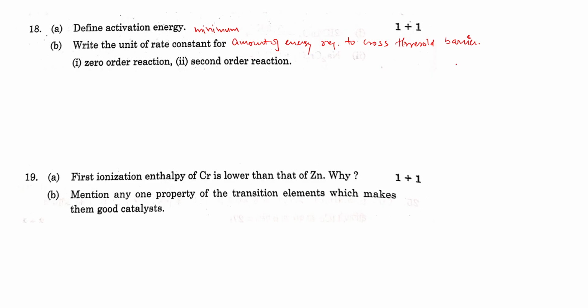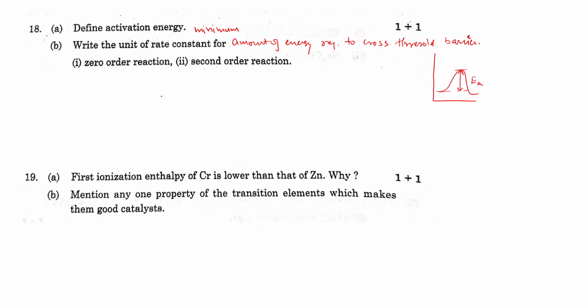That's it. That means we get a curve something like this. This is the energy of the reactant. So basically this height is called activation energy and this is represented as Ea.